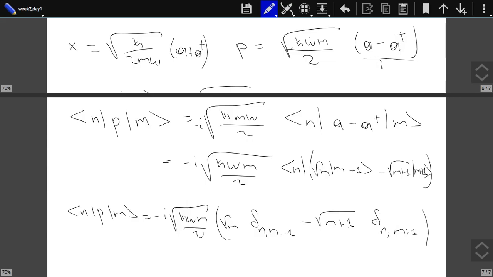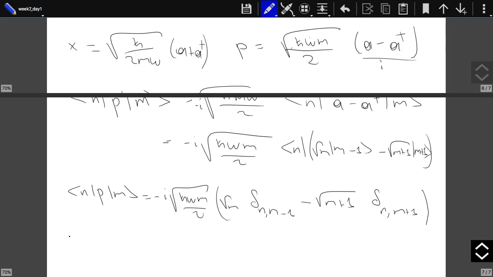Again, it's not a diagonal matrix. The only non-zero elements are just the line above the diagonal and the line below the diagonal. And again, if you look at a particular energy eigenket, the expectation value of p in that eigenket is again 0. Now these are kind of boring states, let's say.